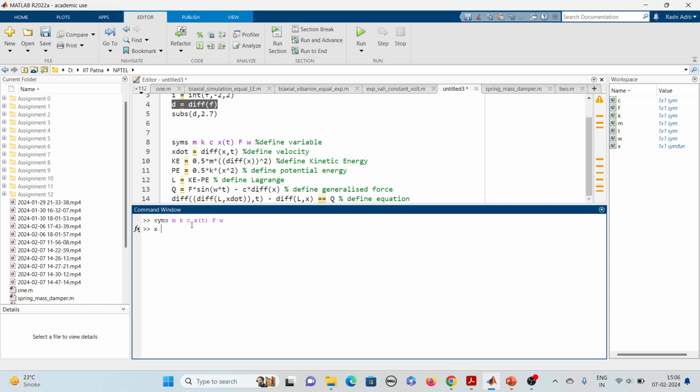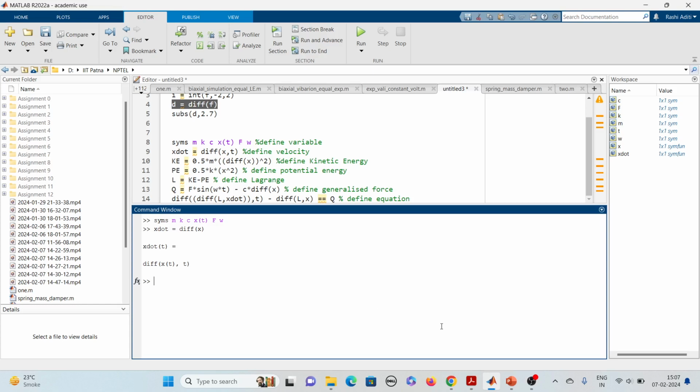So I can write x dot equals diff, differentiation of x with respect to t. I can write it like this also, differentiation of x, enter. Now see, I have given the command x dot. I didn't tell MATLAB that x dot is a function of time. But as I have defined that x is a function of time, it has on its own defined x dot as a function of time, which is given as diff of x(t), t, where x dot is the differentiation of x with respect to t.